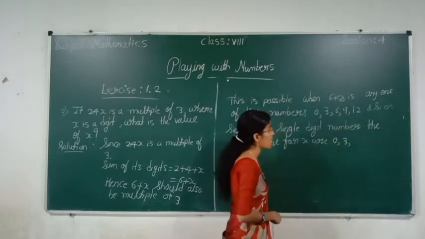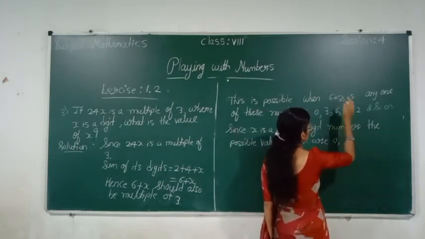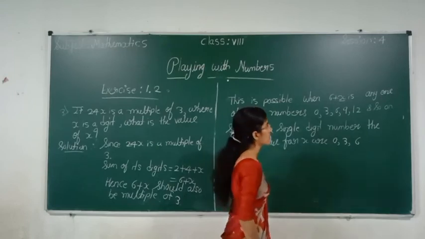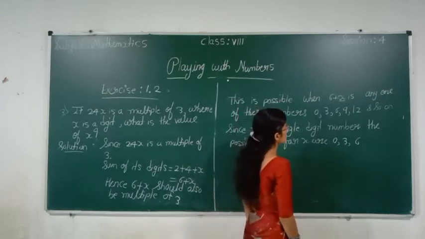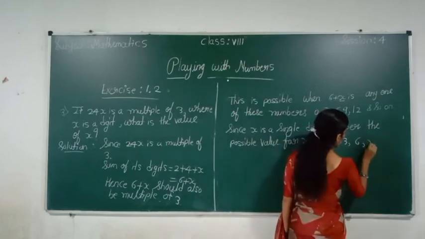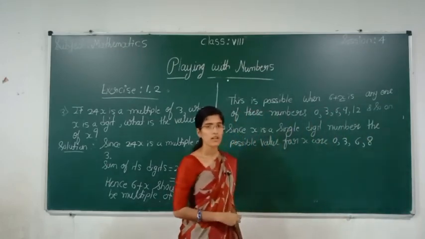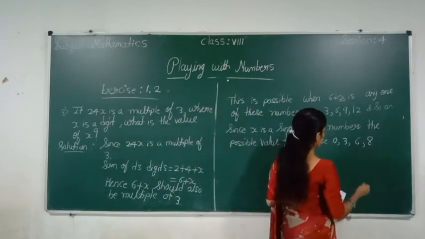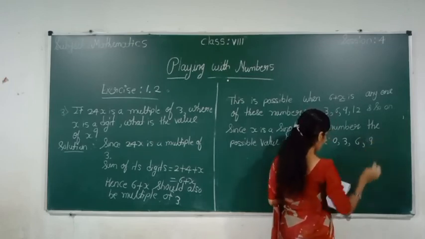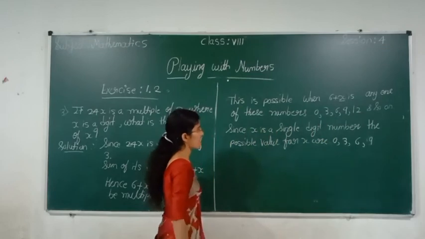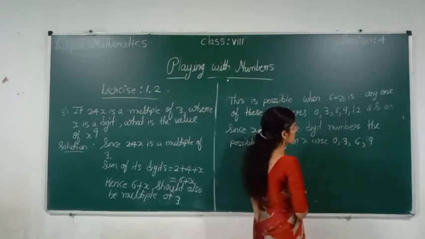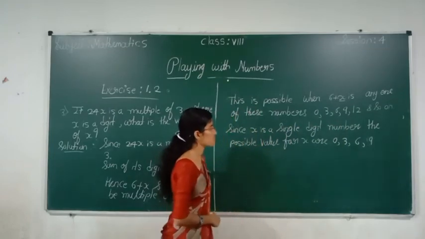Again if I put 6, 6 plus 6 is 12. If I put 9, 9 plus 6 is 15. Okay, these are the possible values for x.